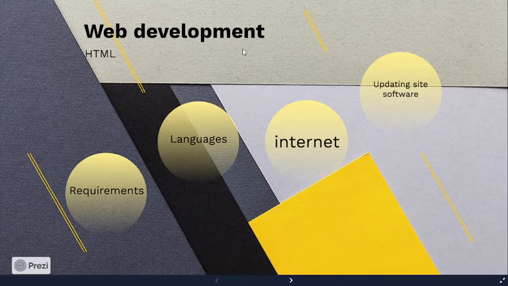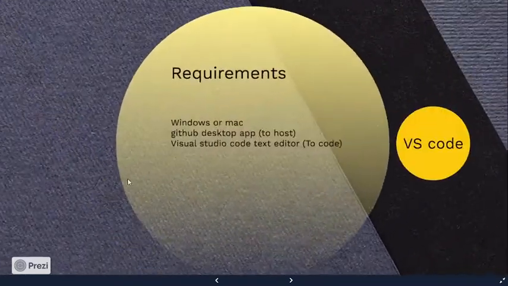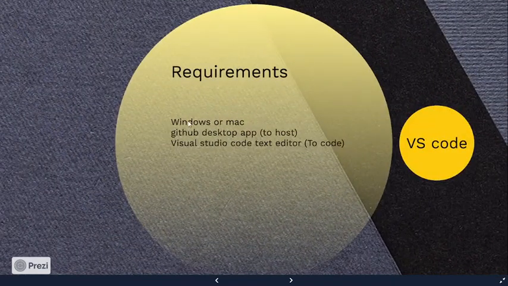So, without wasting any time, let's come to know what our requirements are, what languages we will be working on, how much internet we need, and the updating site softwares. Our requirements are very simple: just a Windows or a Mac, a desktop app to host, and the Visual Studio Code text editor to code, nothing else.